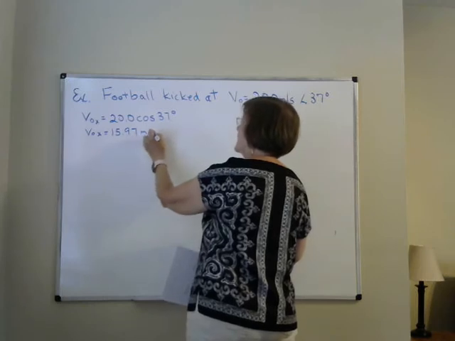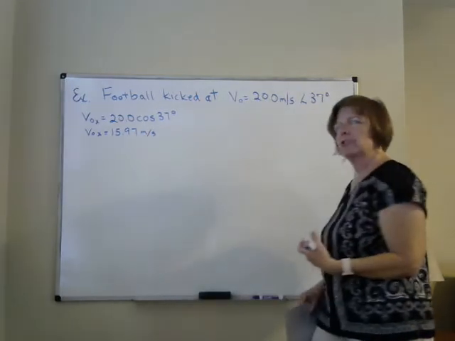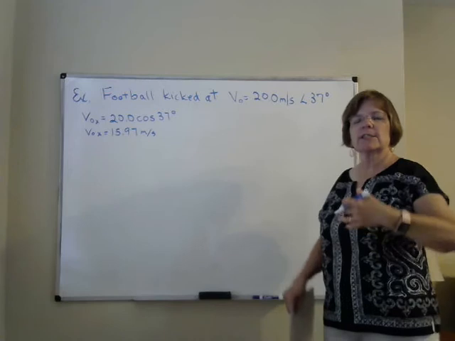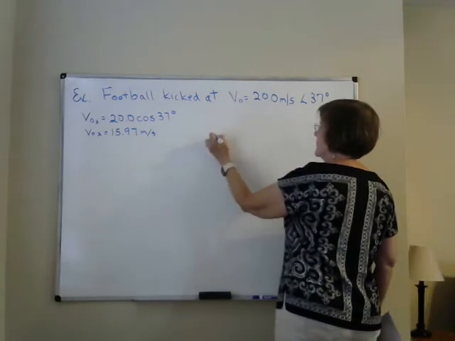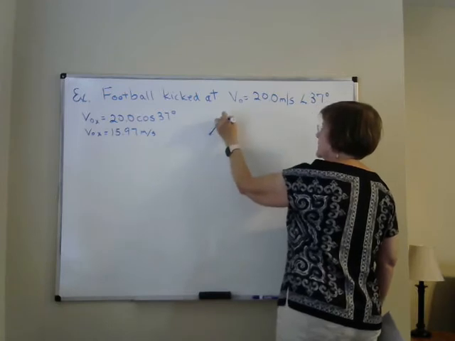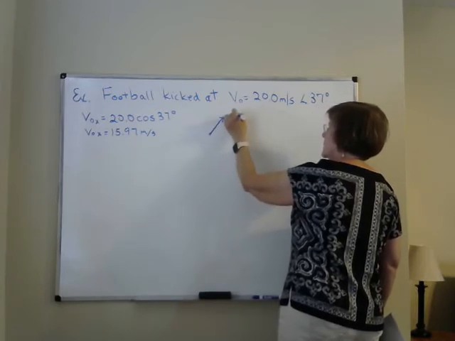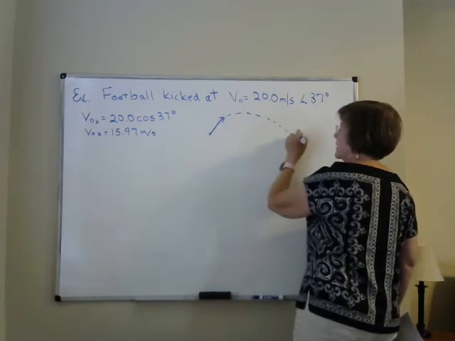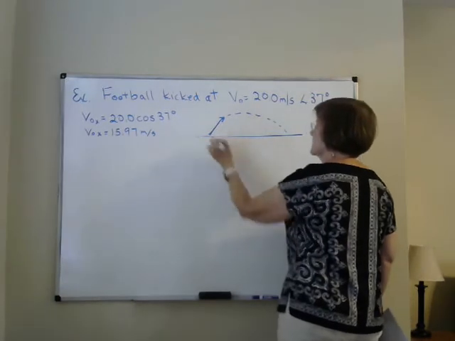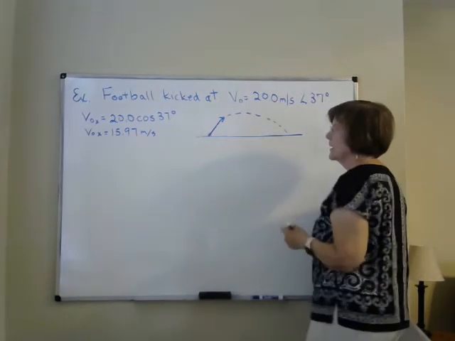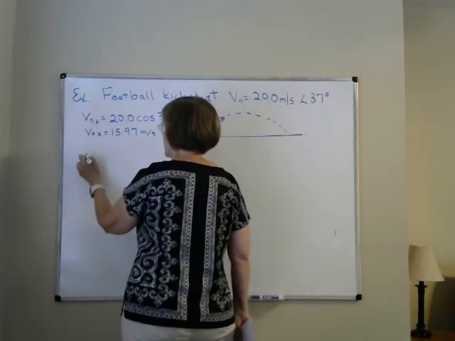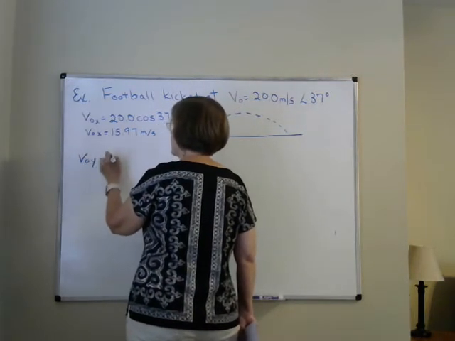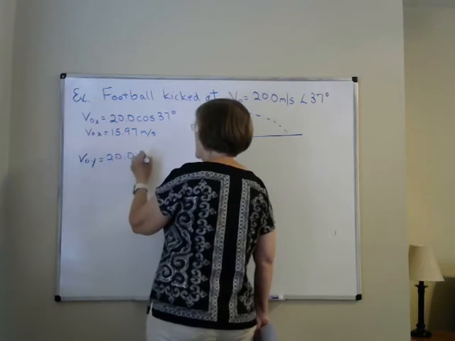That's really the only piece of horizontal information that we need. We know the acceleration is 0. We know horizontally we're going to let it start at 0. If we drew a picture, it'd be here's the football, just like that. Vertically, the initial velocity, v0y, is 20 sine 37.